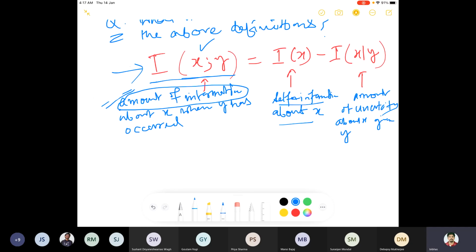So this is how it is related. I keep repeating the meaning of these three quantities, and they are related according to the definition of mutual information this way.